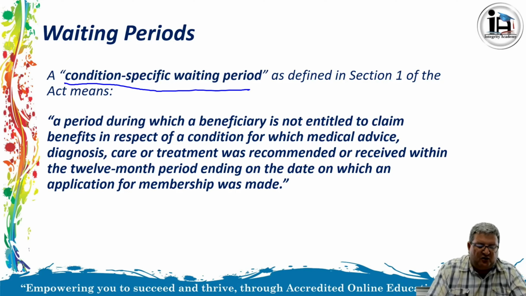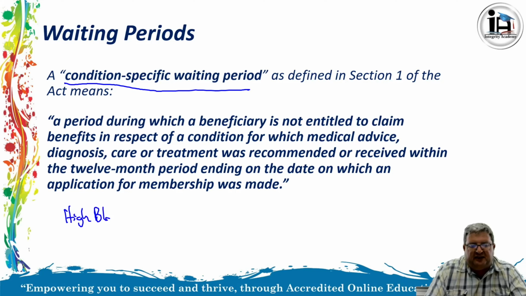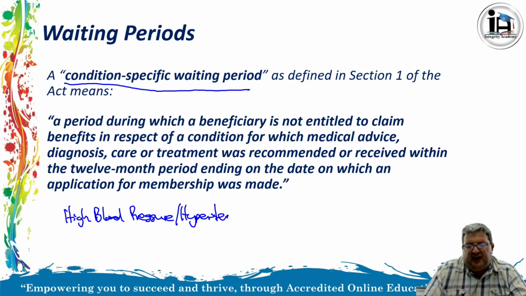So, for example, let's say you've got high blood pressure, also referred to as hypertension. And you tell your new medical scheme, this is my condition. They say, not a problem. We will accept you, but we are going to exclude this for 12 months.